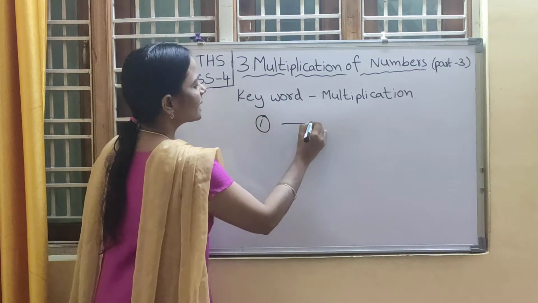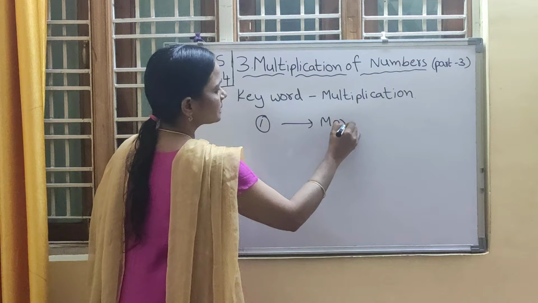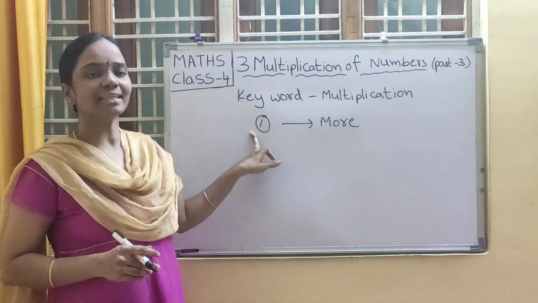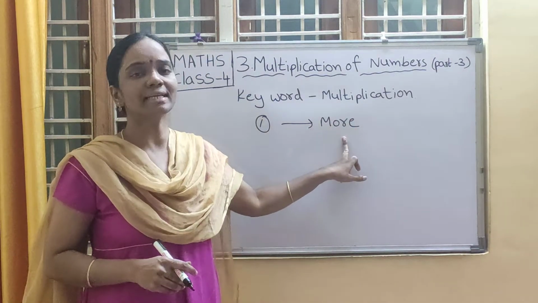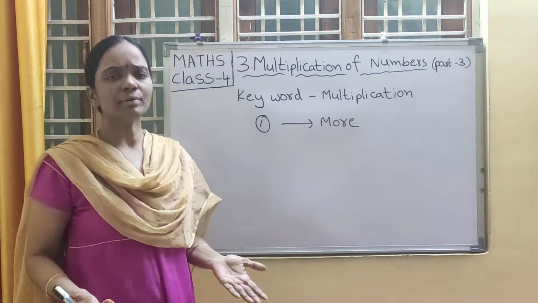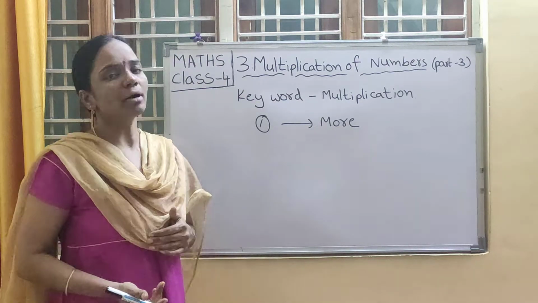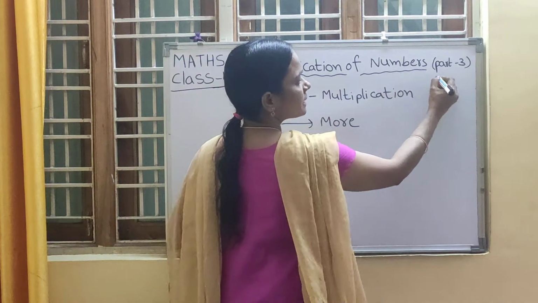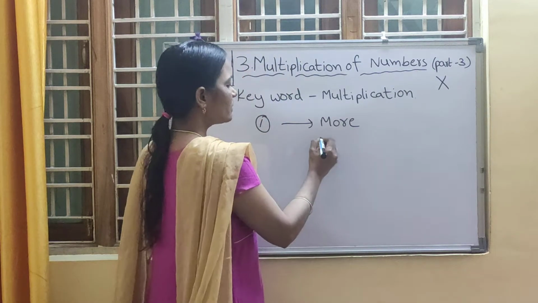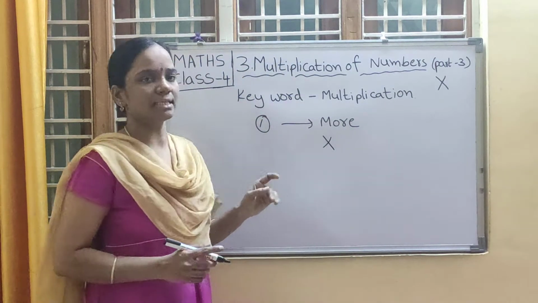Giving one thing and asking for more things. Giving one thing's cost and asking for more things is the keyword for multiplication. Then we have to take multiplication. What is the symbol of multiplication? Into. So then we have to take into multiplication.